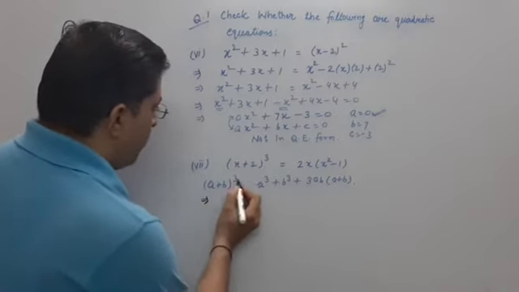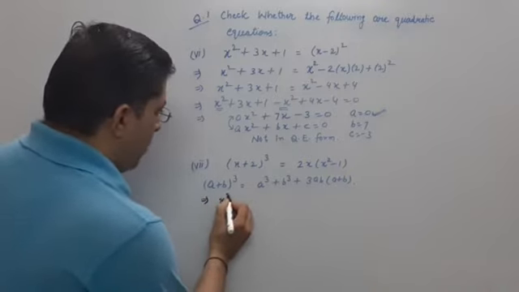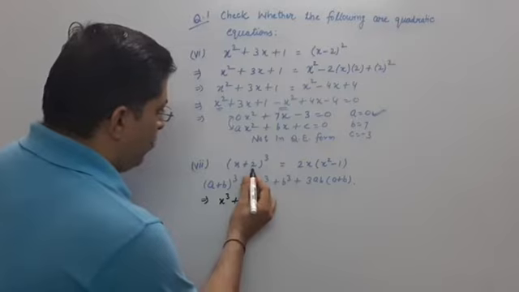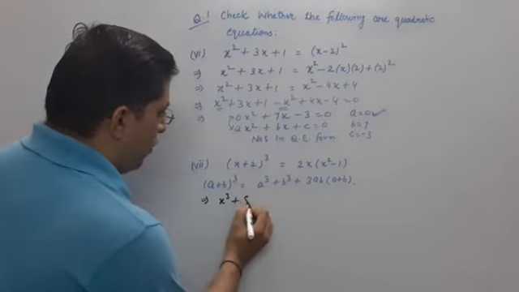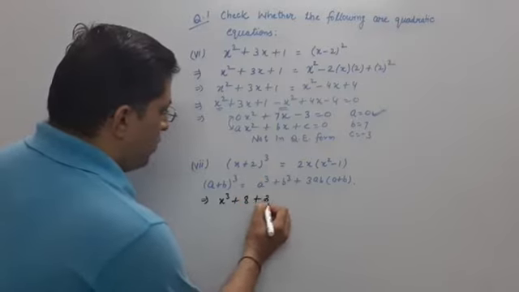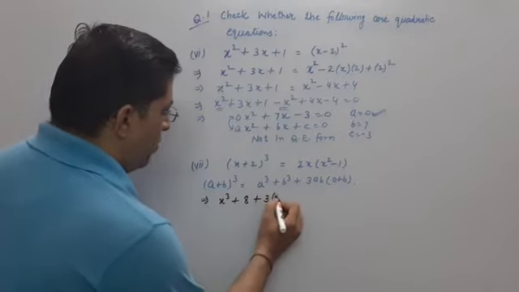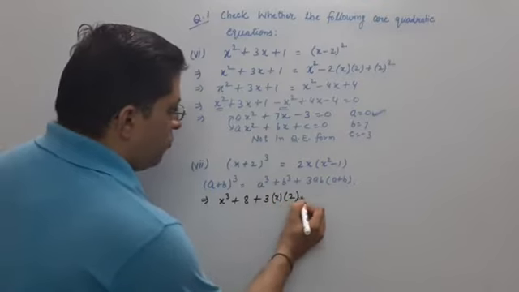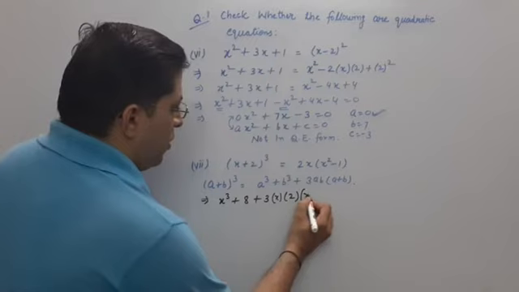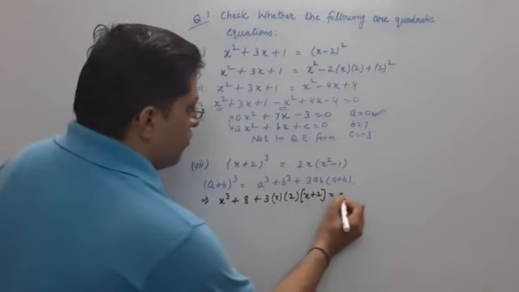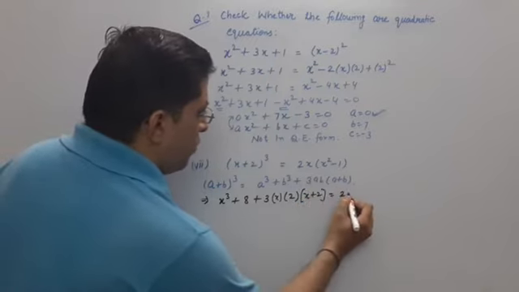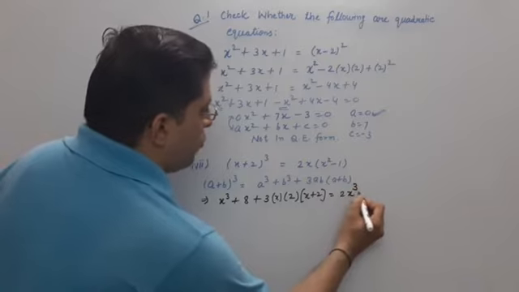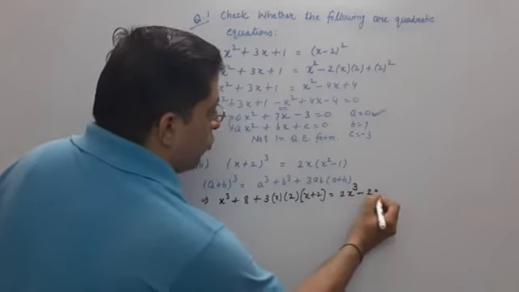Now come on, a cube means x cube plus b cube, b cube means 2 cube, what? 8, plus 3ab, a is x and b is 2, then in bracket a plus b means this. This is 2x into x square minus 1, I can write this as 2x cube minus 2x.